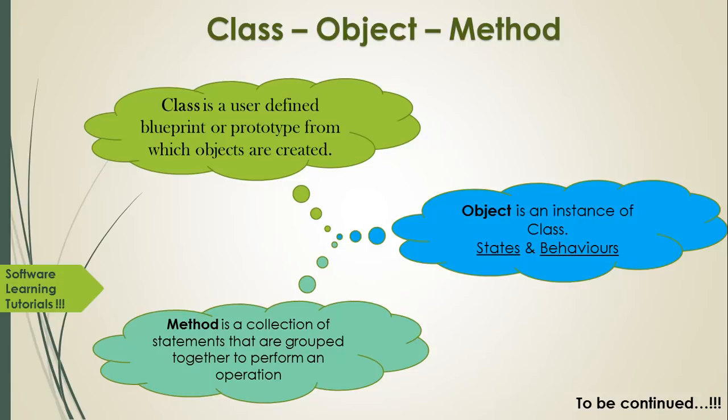If you consider these three things in a real-time scenario, then I would say the class is similar to a school class, where we have different types of students learning together within four walls. So we can also say that is a class.